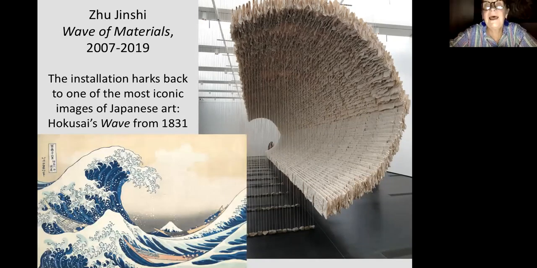Now, I think that the wave harks back to one of the most iconic images in Japanese art, Hokusai's wave from 1831. And I just don't think you can call something a wave and not acknowledge that the wave has been an icon for some time.